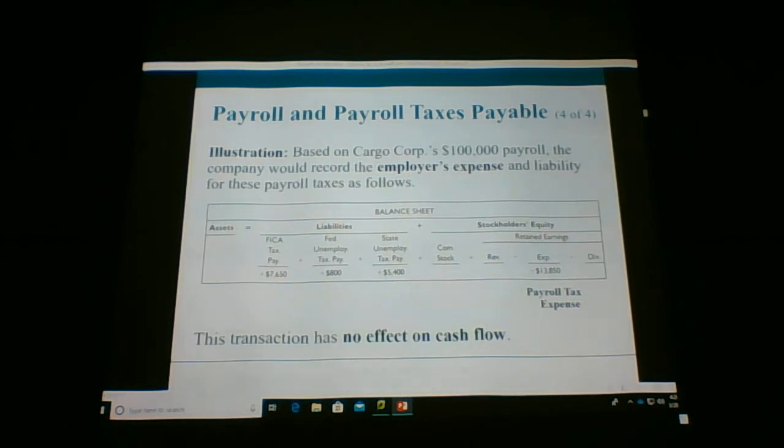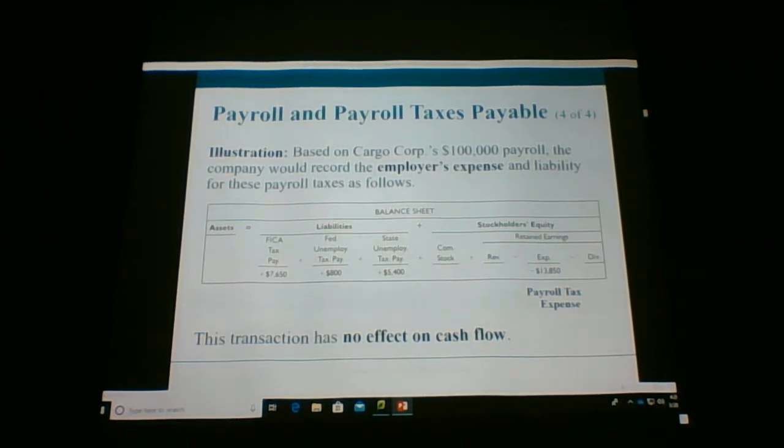So here we have the previous example. We had the $100,000 expense, and we showed the 4 liabilities that we had from that. These liabilities are wholly separate. It says based on this company's $100,000 payroll, the company would record employer's expense and liabilities for payroll taxes as follows. The FICA tax is matched dollar for dollar, penny for penny, what the employee has to pay.